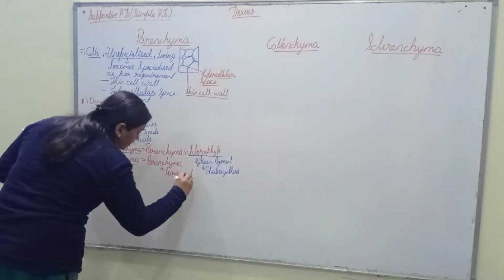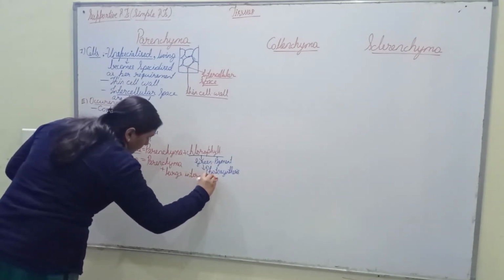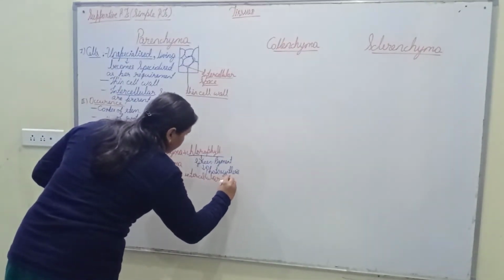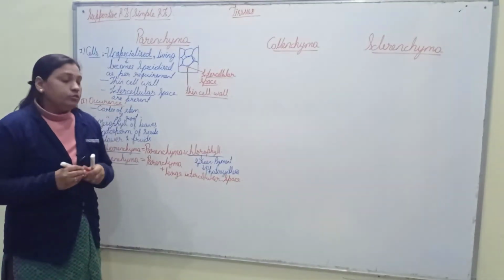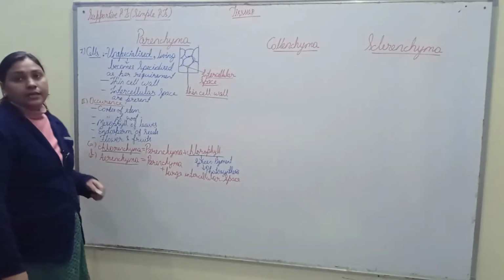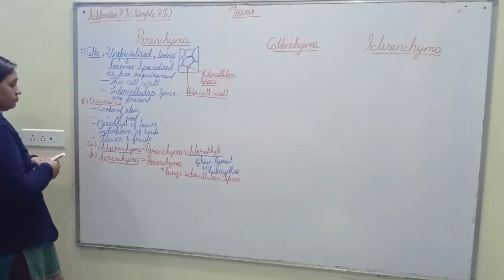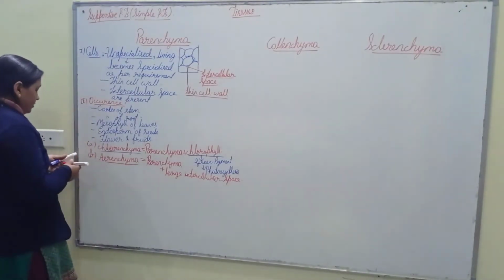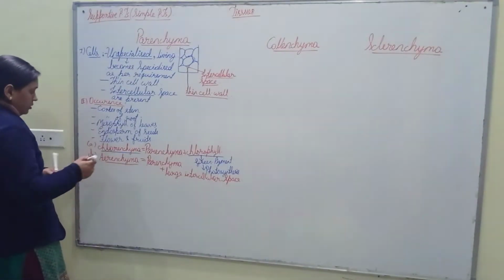Large intercellular spaces or large cavities, whenever found in between the parenchymatous cells, are called aerenchyma. And these aerenchymatous cells have a very significant feature, that is buoyancy.